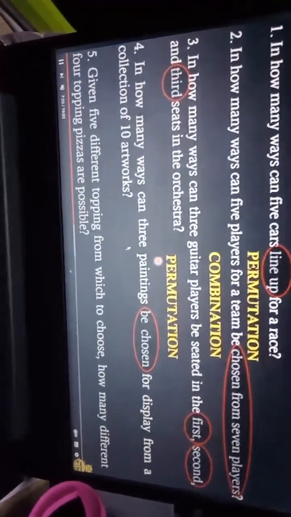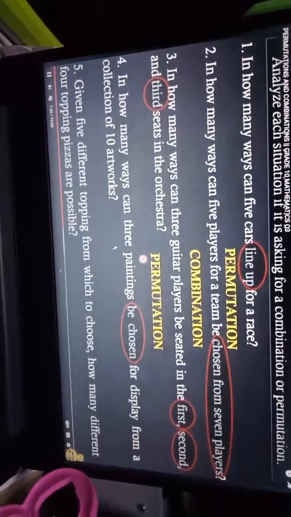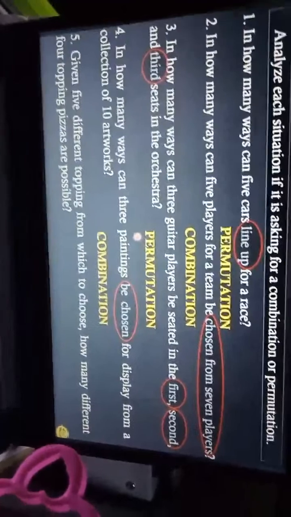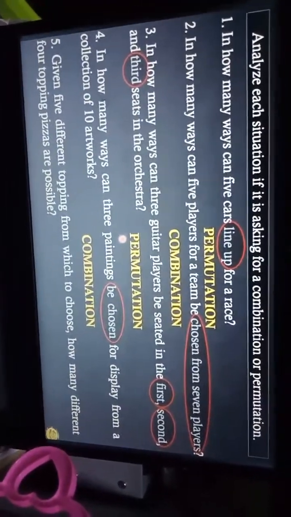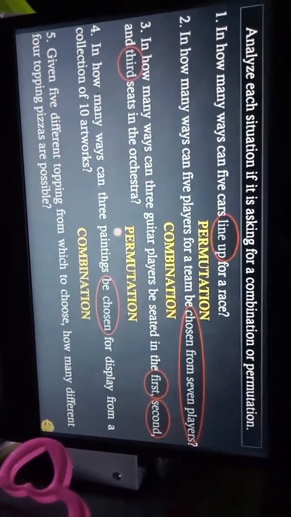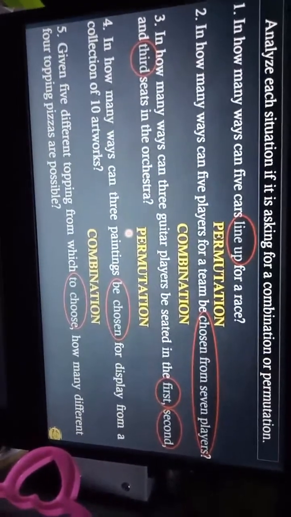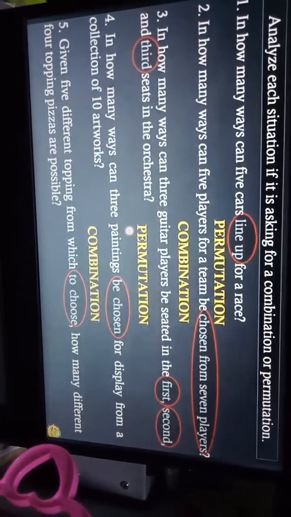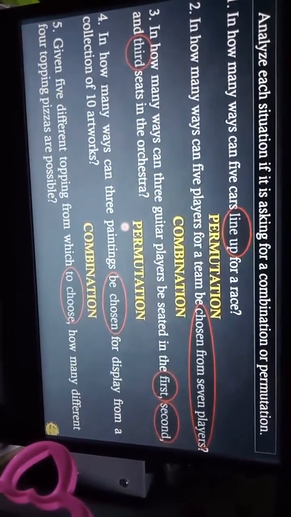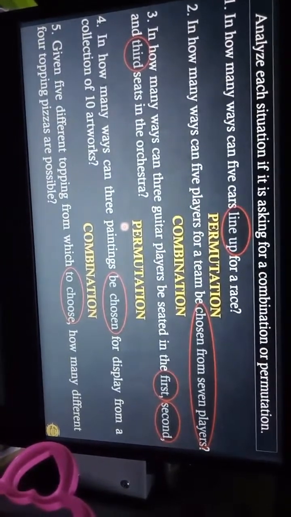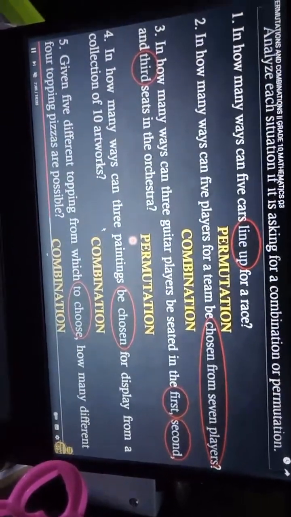Be chosen, that is the keyword. That is combination. Not all the time that you are choosing, you need to arrange. Most of the time, order is not important. And for number 5, to choose again, so that is combination.